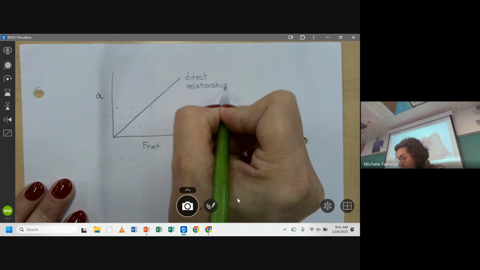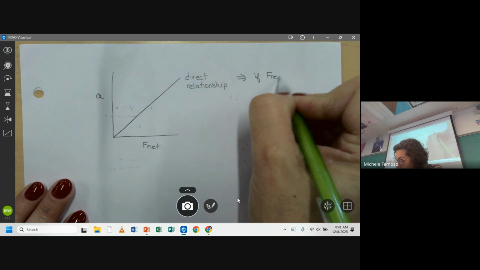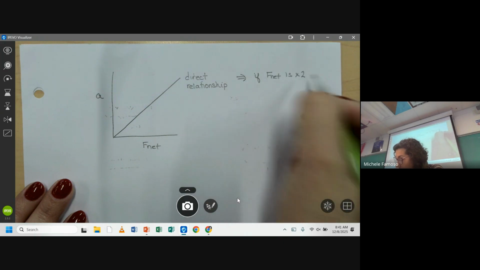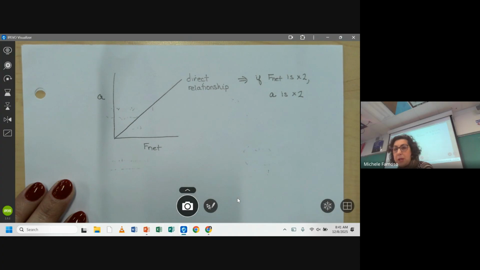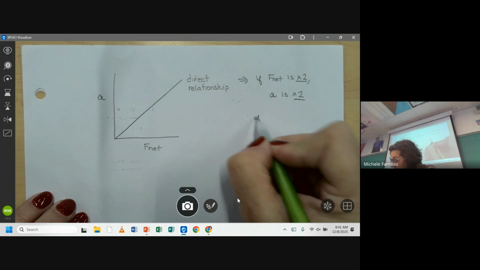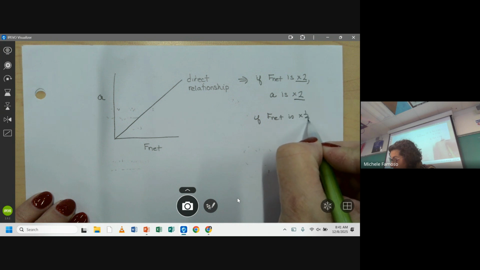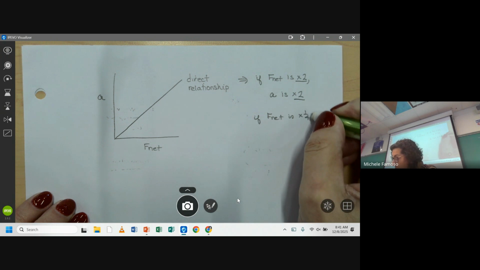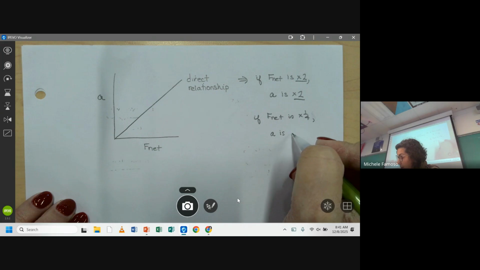So what does that mean? It means that if the net force is multiplied by 2, the acceleration would also get multiplied by 2. That's direct. You see how the changing factor is the same. It would mean that if our net force is a quarter of its original value, that means multiplied by a fourth, what would happen to the acceleration?